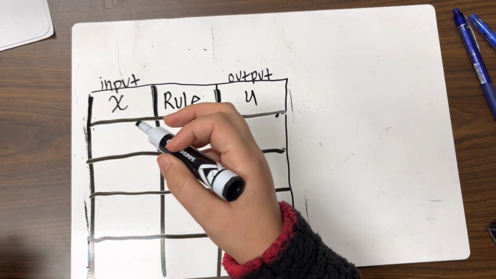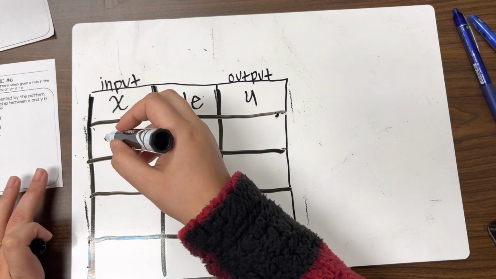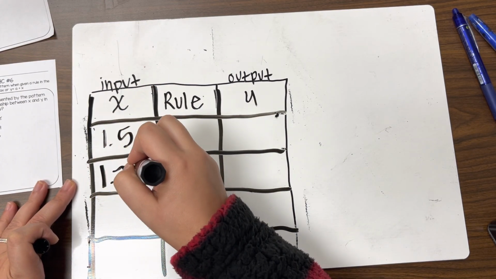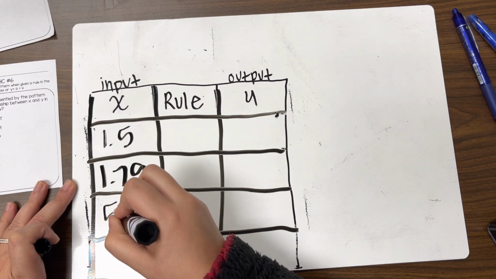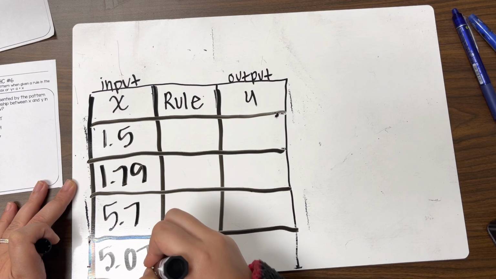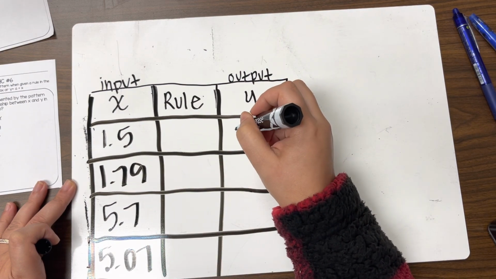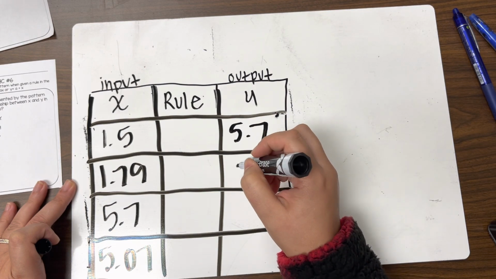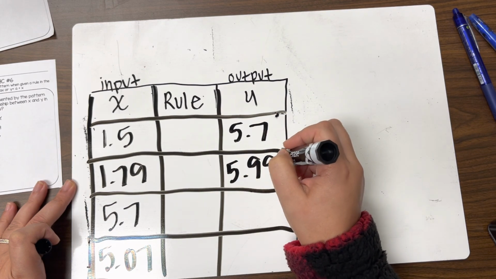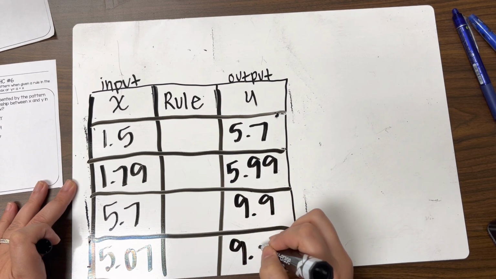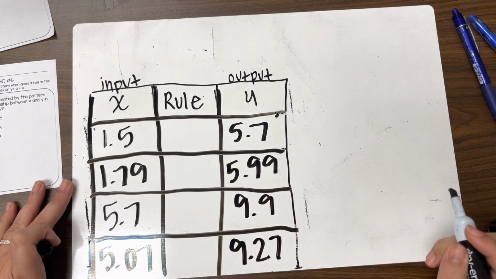Okay, so this time we have 1.5, 1.79, 5.7, 5.07, and then over here my output is 5.7, 5.99, 9.9, and 9.27, okay?